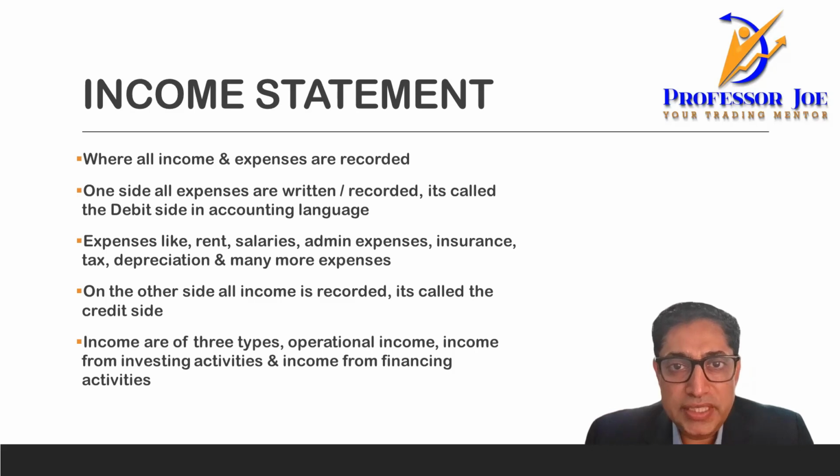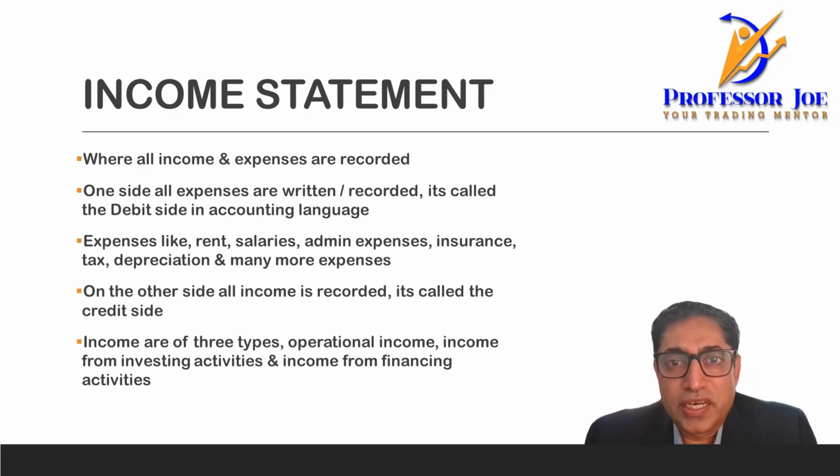Now, income is basically income from sales, but there are other types of income also in an organization. The first type of income is income from sales, or you can call it income from operations, which is the most important form of income. The second type is income from financing activities.